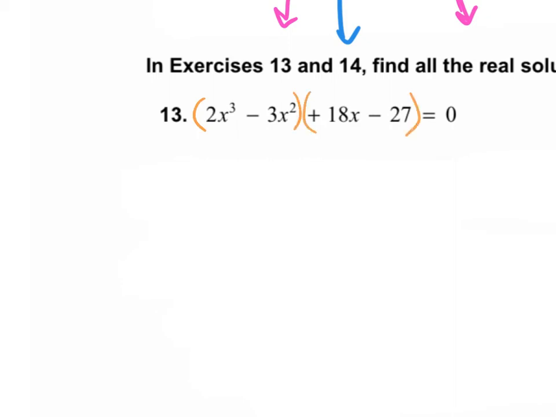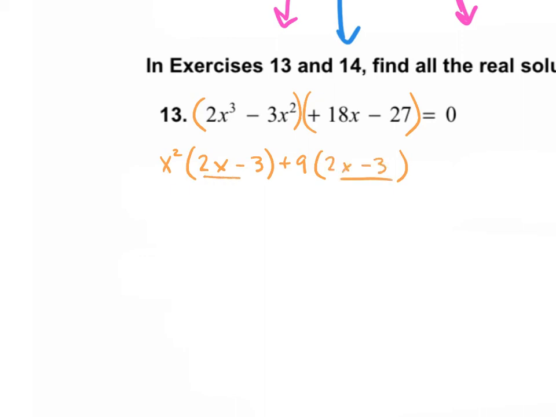What can we take out of our first group? X squared. And what are we left with? 2x minus 3. What can we take out of our next group? 9. So then what are we left with? 2x minus 3.